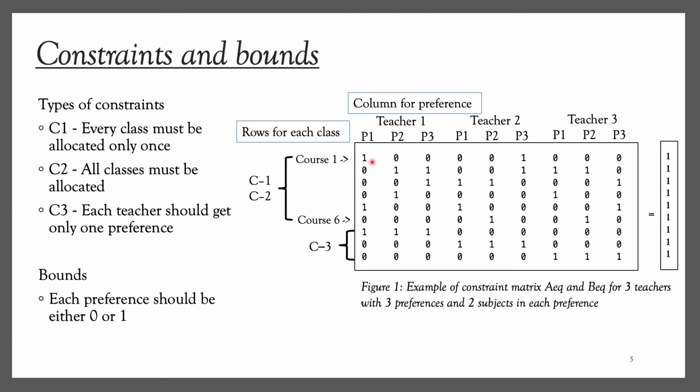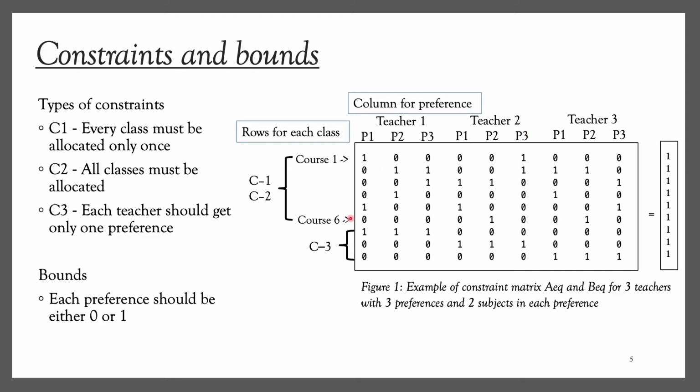And this whole equation, or line, should be equal to 1. That means either teacher 2 will get course 1 or teacher 1 will get course 1. And teacher 1 should get course 1 because it is his first preference, and for teacher 2 the third preference was course 1.